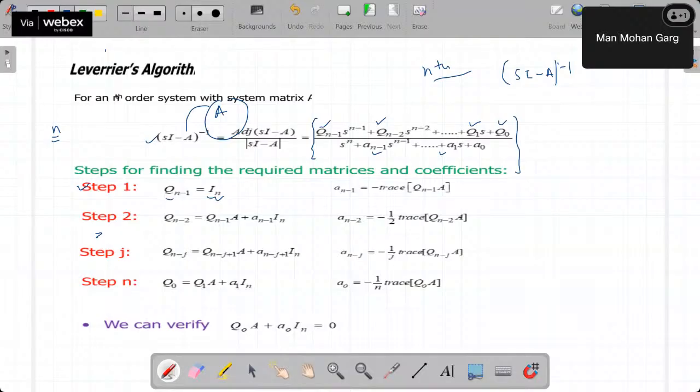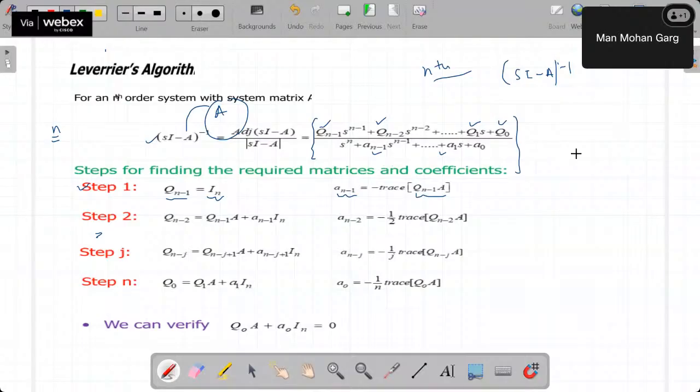We assume Qn minus 1 equal to In, first one. Now the An minus 1 coefficient, please remember there is no An coefficient here. An minus 1 is minus trace of Qn minus 1 A. First we need to get the matrix Qn minus 1 into A. In this case, because Qn minus 1 is the identity matrix itself, this is basically the system matrix A. We need to get the trace of that.